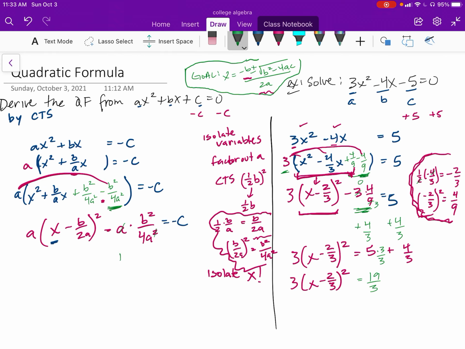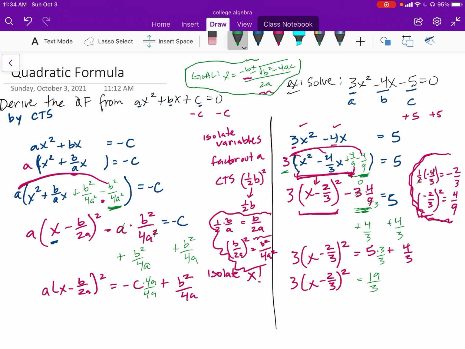So I need to add b squared over 4a on both sides of the equal sign. And then let's write what we're left with. A times (x minus b over 2a) squared equals negative c plus b squared over 4a. Again, just like we did on the right, I need an LCD to combine the negative c plus b squared over 4a. So I need to multiply by 4a over 4a.